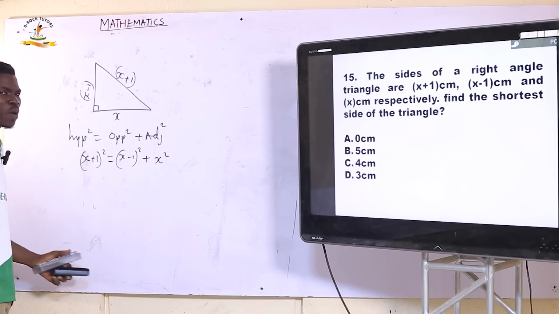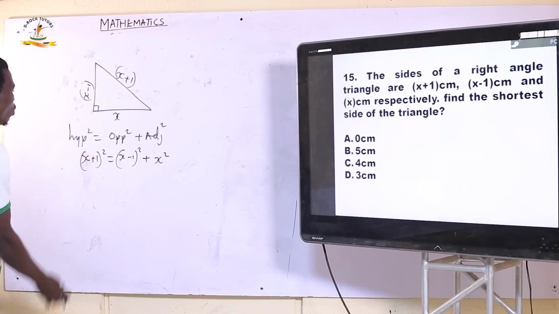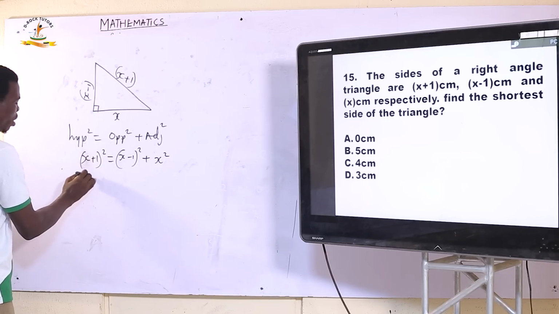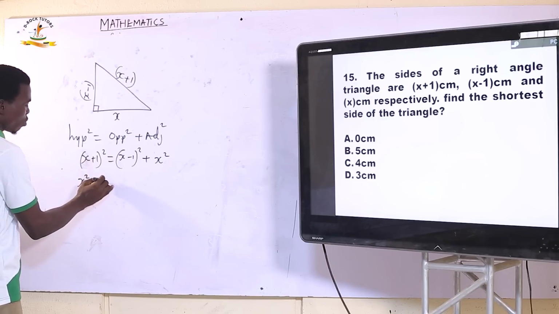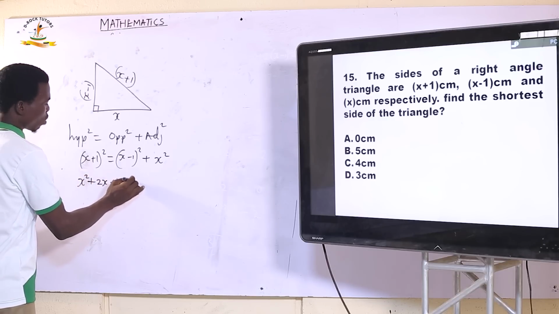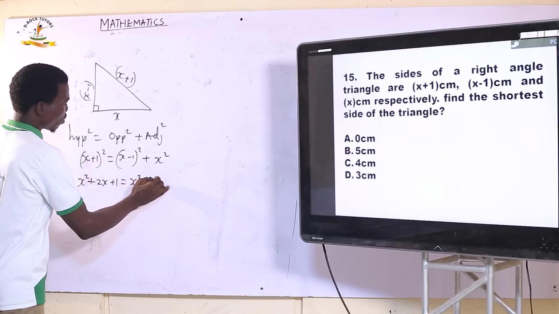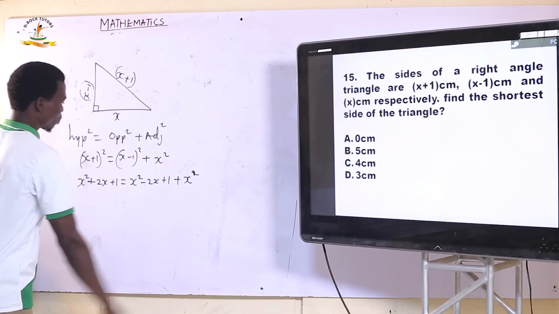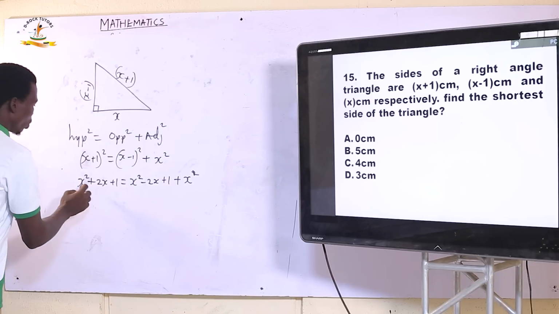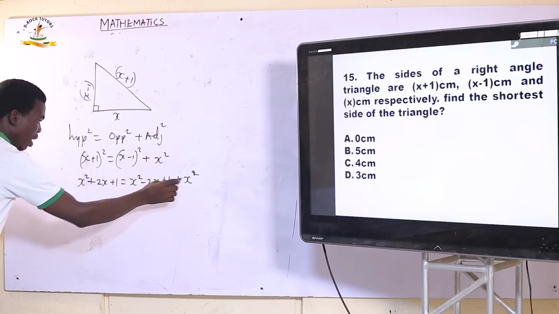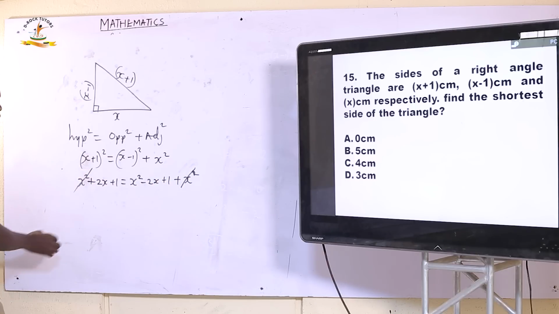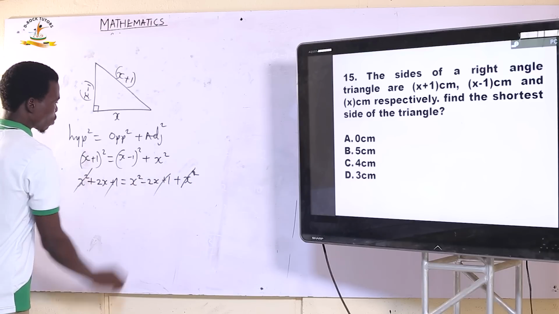And we have to open the brackets. So that is simply x squared plus 2x plus 1 equals x squared minus 2x plus 1 plus x squared. We simply look at this and this: this x squared and this x squared can go, this plus 1 and this plus 1 can go.